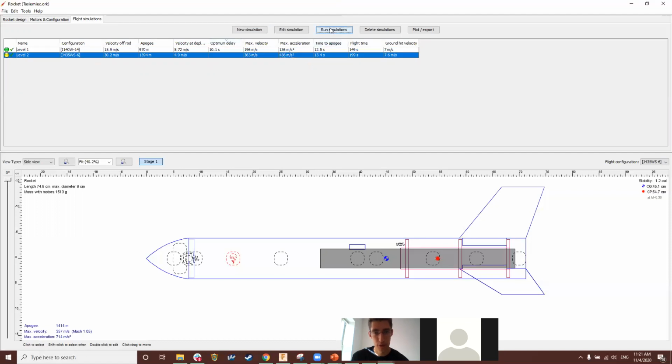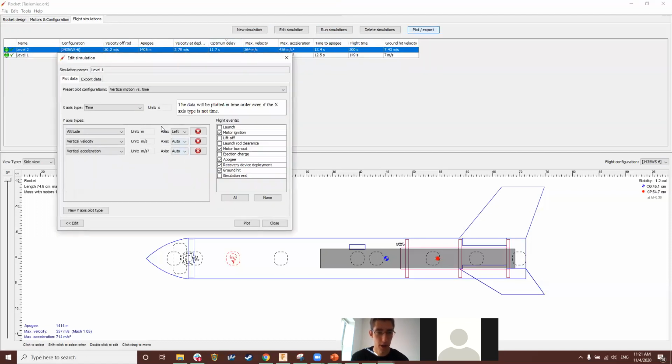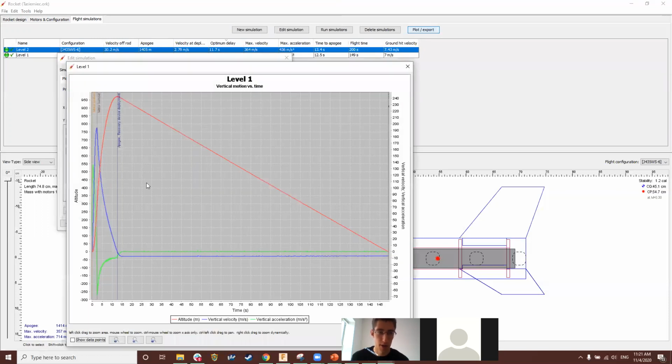So after you run simulations, what else can you do? You can plot a bunch of things. You can choose what you want these to be. You can delete them. You can plot. And there it is. So altitude. That's the altitude. The apogee would be around 1,000 meters. You can change units in the settings if you prefer some other.